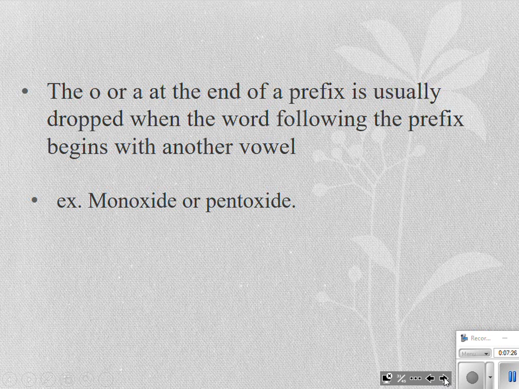So they don't have an A-O. So usually the A or the O at the end of the prefix is dropped if we're dealing with another vowel. It doesn't say anything about an I, does it? Make note of that. Only A and O. Doesn't say anything about an I.